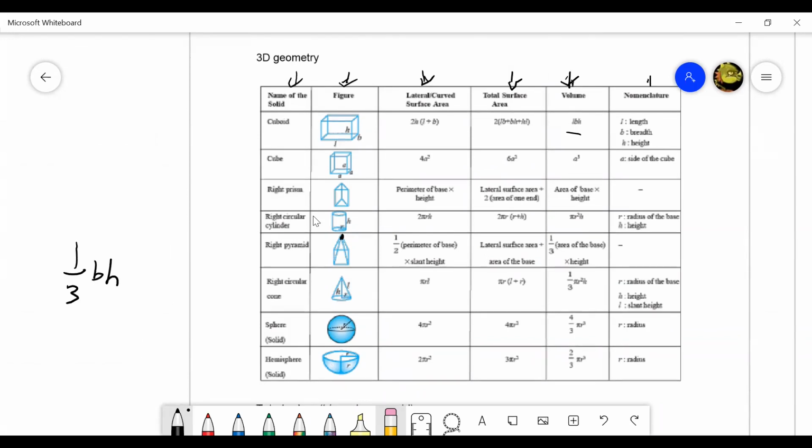And I can't give you a really good reason right now for why this is the exact formula, but intuitively you can think of a pyramid as a three-dimensional triangle, and the triangle's area is 1/2 of base times height. When you compare it to a rectangle with the same base and same height, it's half that area.